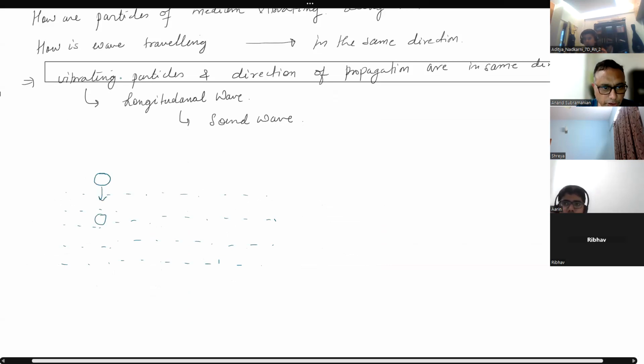So the stone is going to descend down and it is going to cause a ripple, right? Can you guess and tell me how the particles of this water vibrate when the stone is dropped on the lake? How will these particles vibrate?